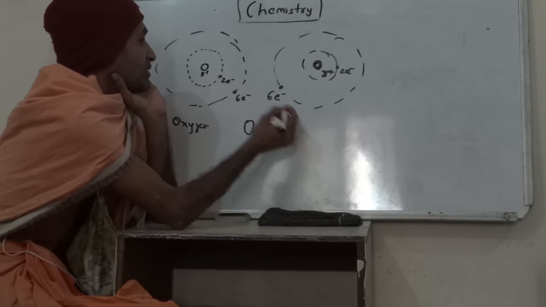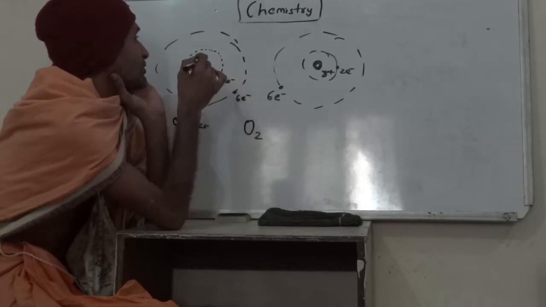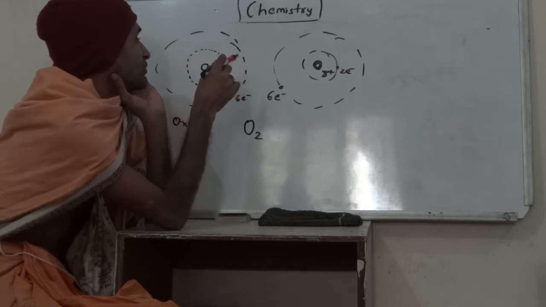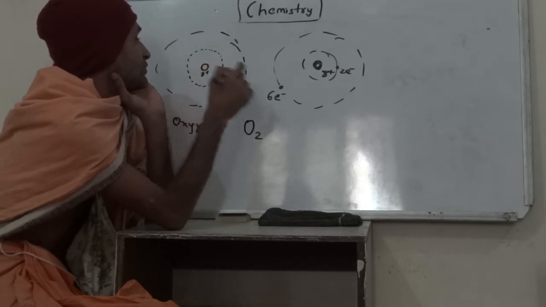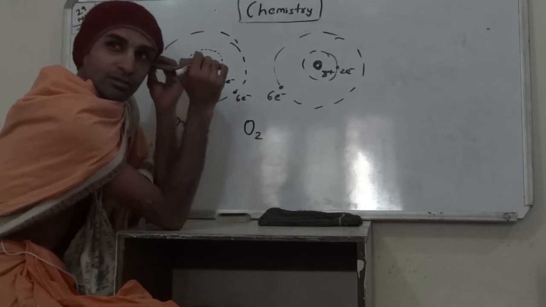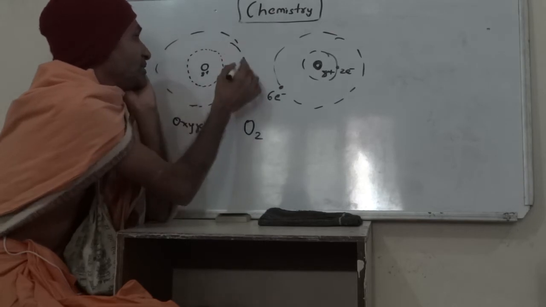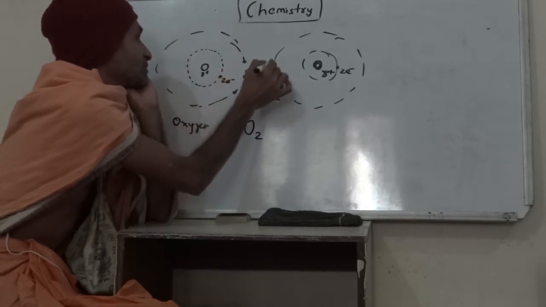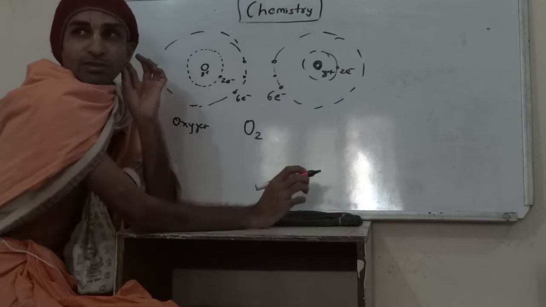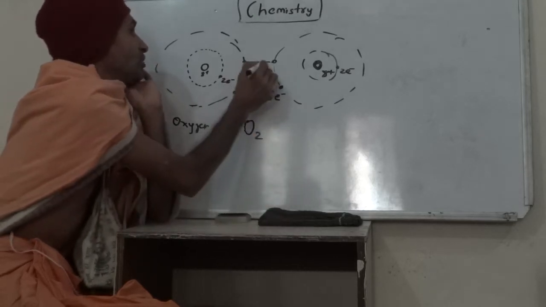That is called a covalent bond. How much will they share? 2 electrons each. So 4 individual electrons and 4 shared electrons. So there will be 2 bonds, a double covalent bond.